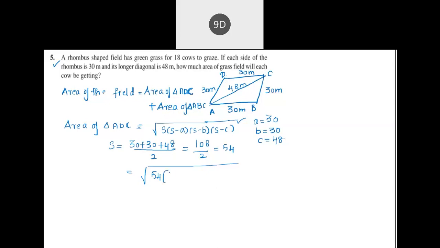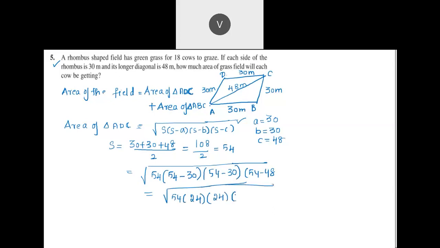Root of 54 into S minus A, 54 minus 30, into 54 minus 30, into 54 minus 48. Which is equal to square root of 54 into, what is 54 minus 30? 24. 54 minus 48? 6. And split 54 as 9 into 6. And 24 into 24 is 576, into 6.